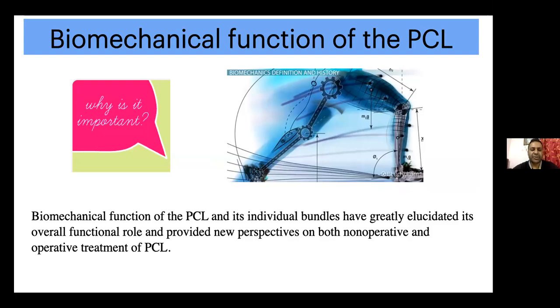So why is it important to discuss the biomechanical function of the PCL? As we know, the biomechanical function of the PCL and its individual bundles has greatly illustrated its overall functional role, and it has provided new perspectives on both non-operative and operative treatment of PCL.